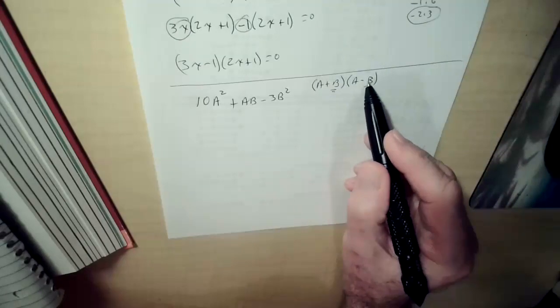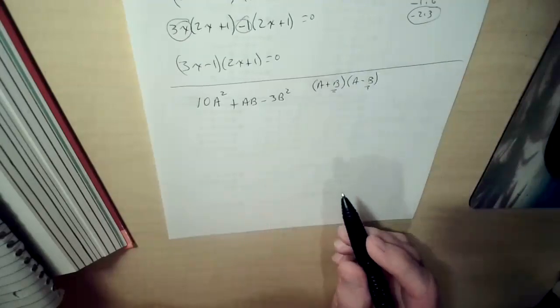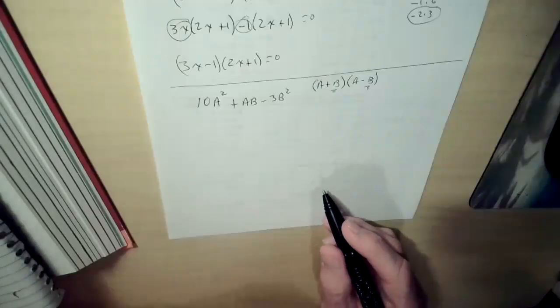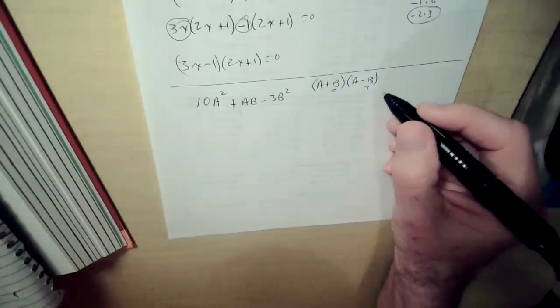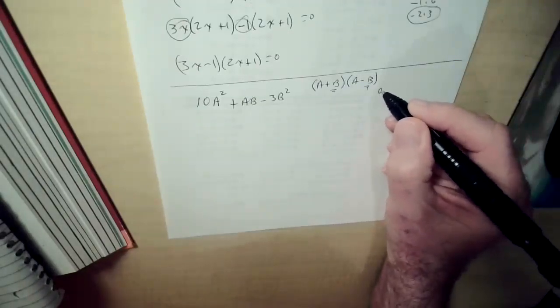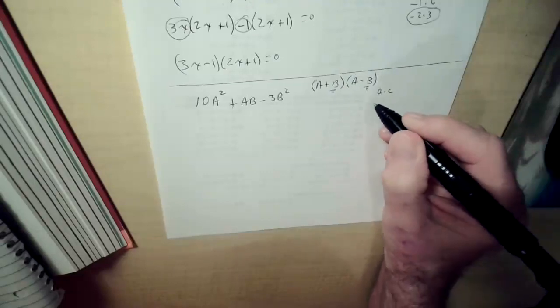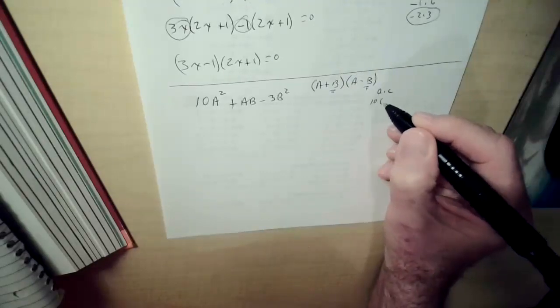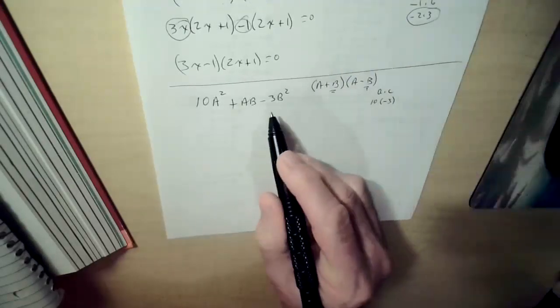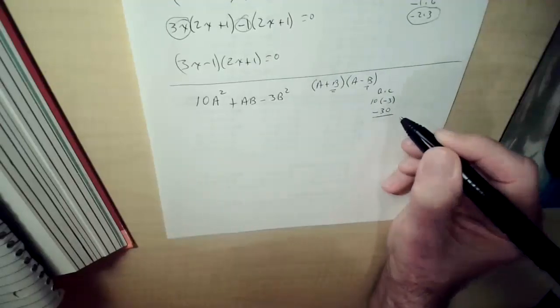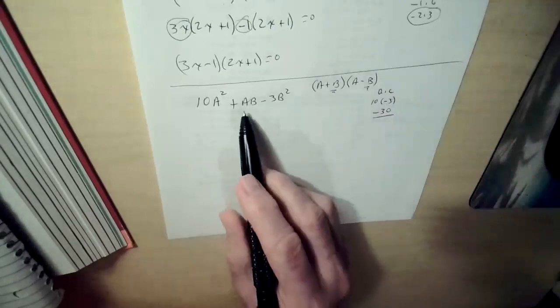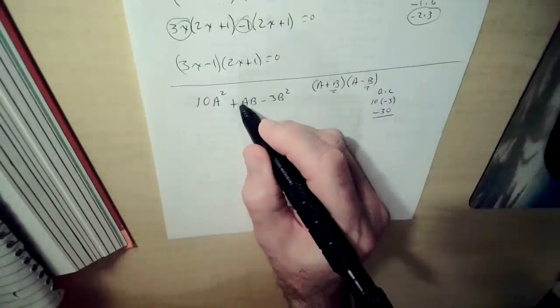Because remember, what's the last thing we do when we do distributive property? This times this. A positive times a negative is a negative. A times c is 10 times negative 3, which is negative 30.